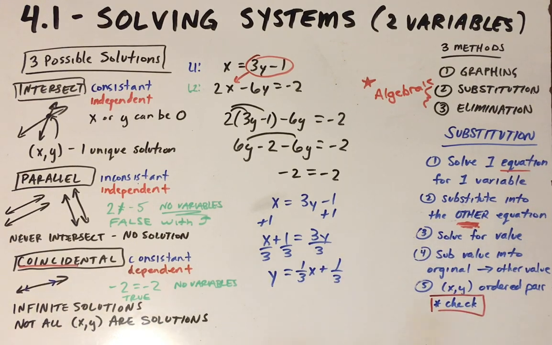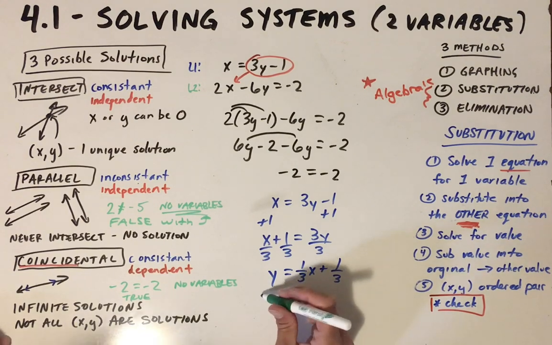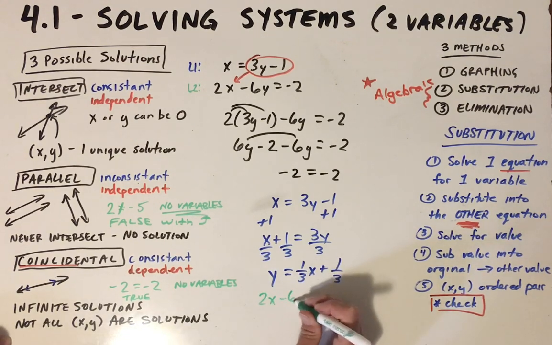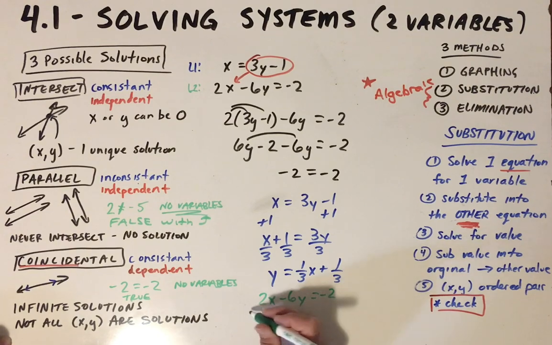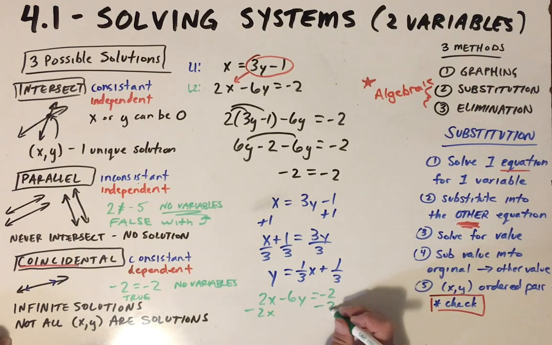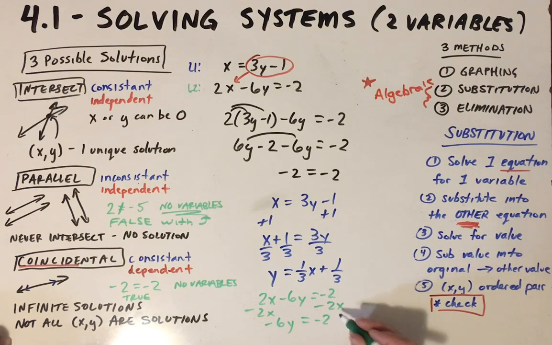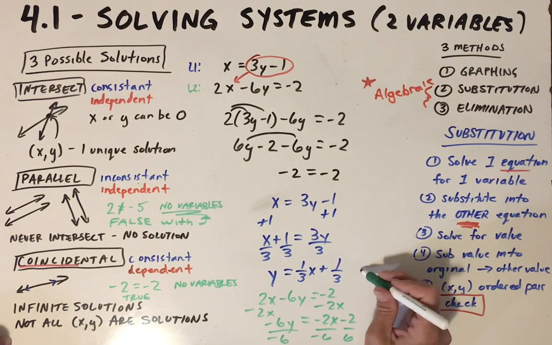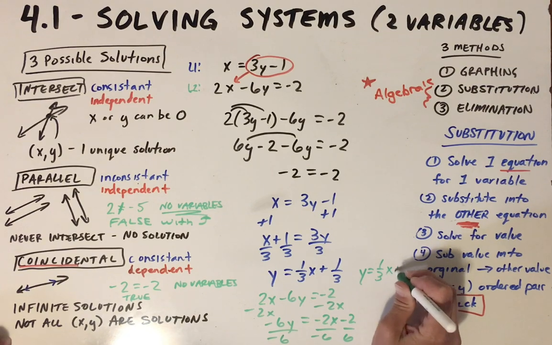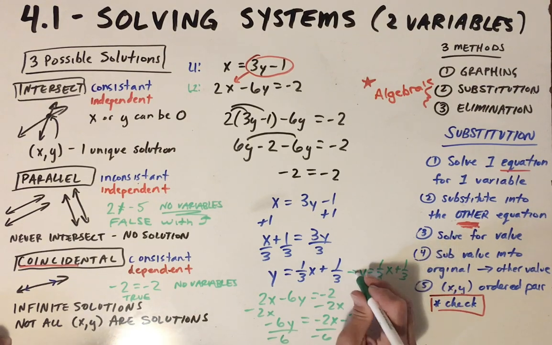So line 1 is y is equal to 1/3 x plus 1/3. Line 2, if I were to solve, I get negative 6y is equal to negative 2x minus 2. When I divide everything by negative 6, I get here again y is equal to 1/3 x plus 1/3.